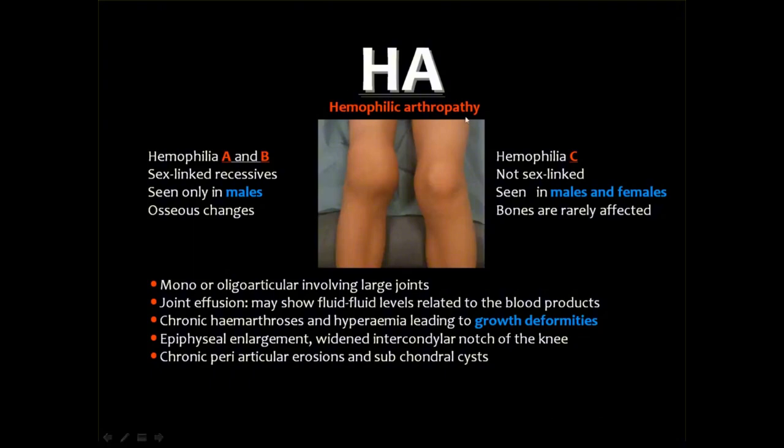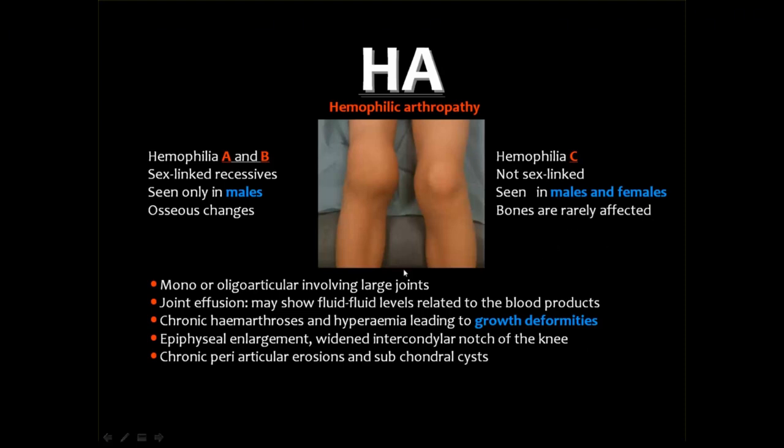In hemophilic arthropathy, we have two types of hemophilia. Hemophilia A and B are sex-linked, seen only in males, and associated with bony changes. While hemophilia C is not sex-linked, it can be seen in males and females, and the bones are rarely affected.